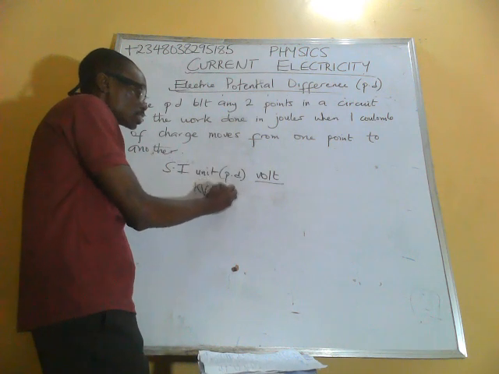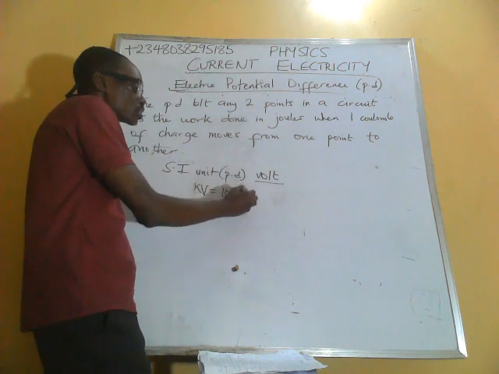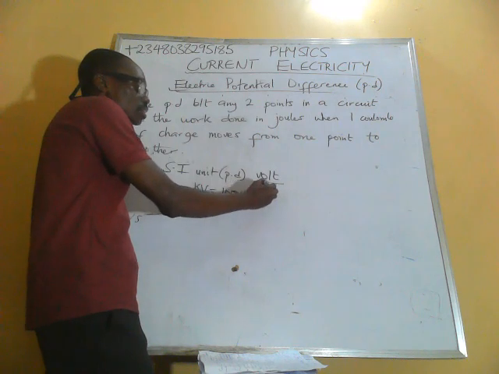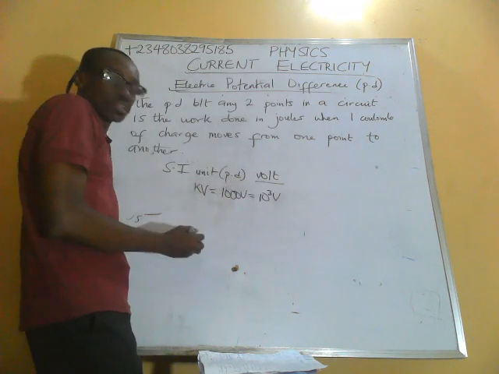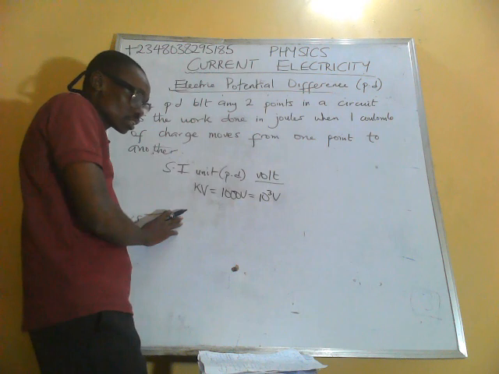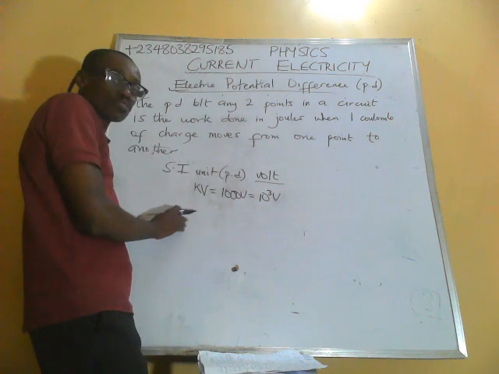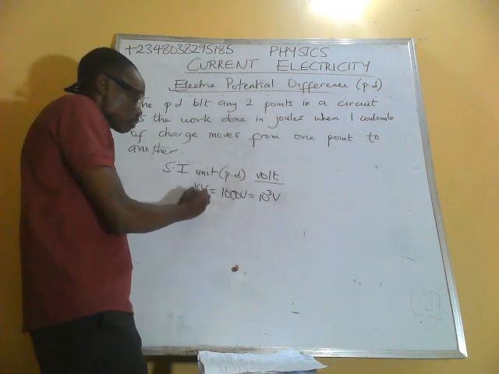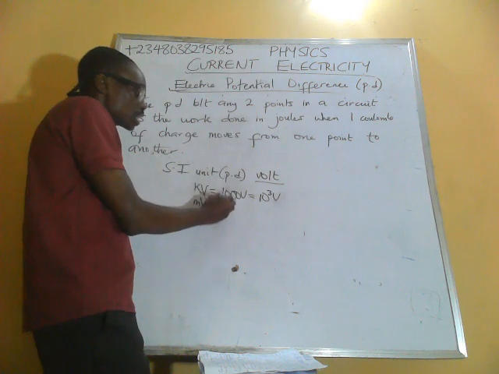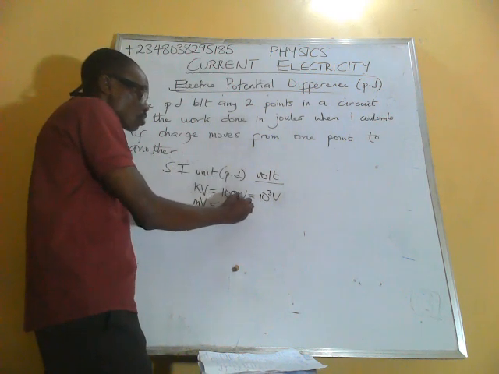The kilovolt is 1000 volts, that is 10 raised to power 3 volts. Then we have smaller units such as millivolts, which is 10 raised to power minus 3 volts.